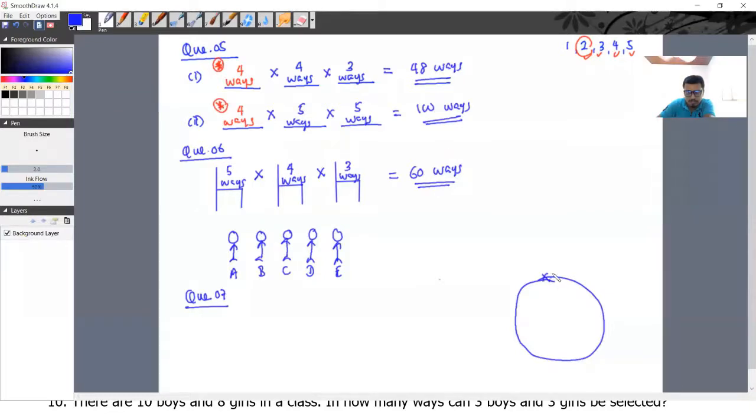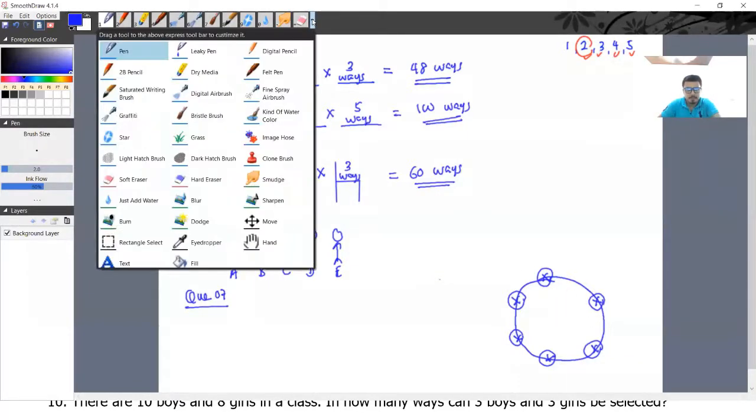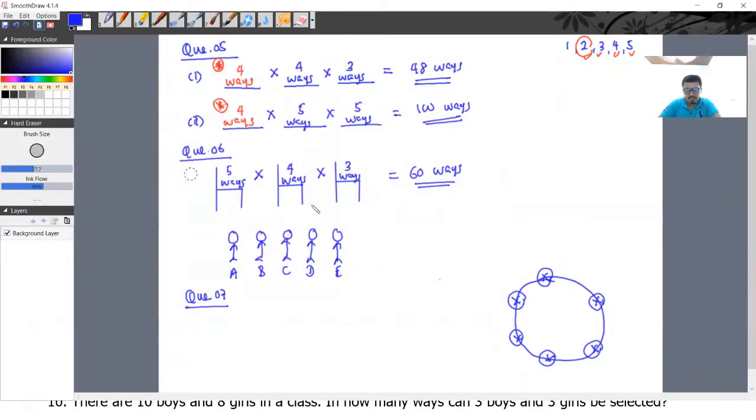Assume we have 1 here, 2 here, 3, 4, 5 and 6, seated with the same gap, not sitting here. 1, 2, 3, 4, 5, 6.